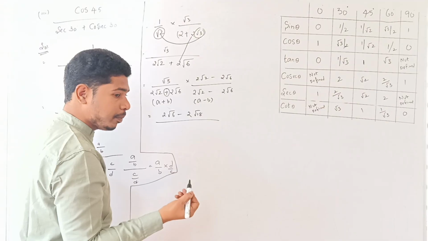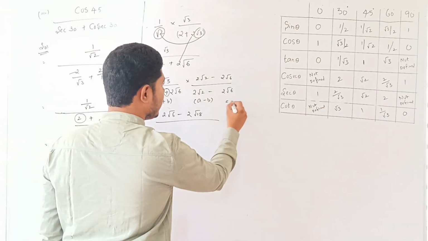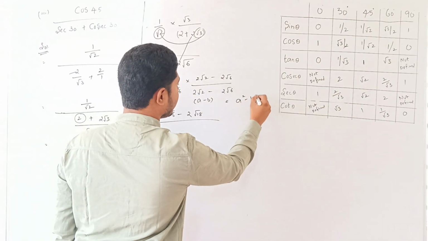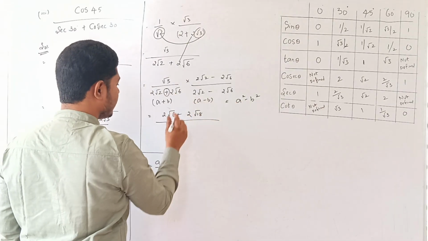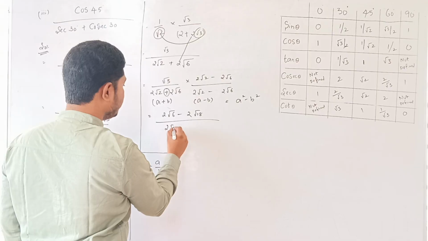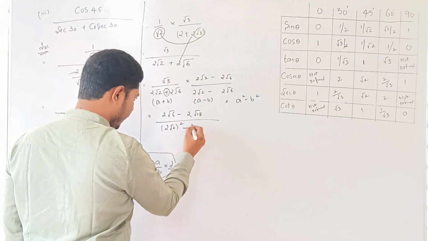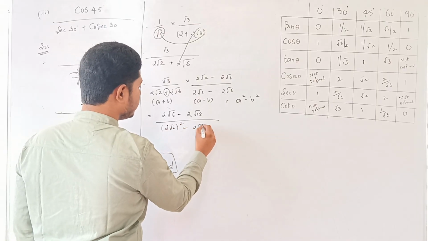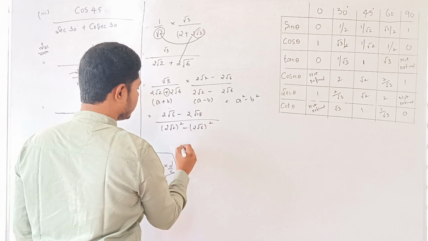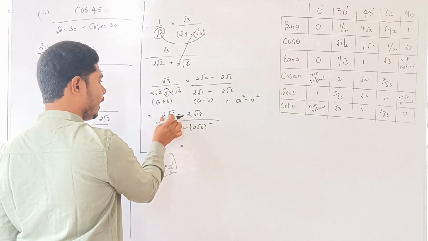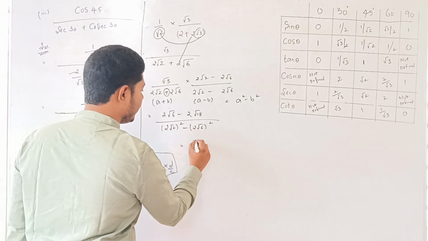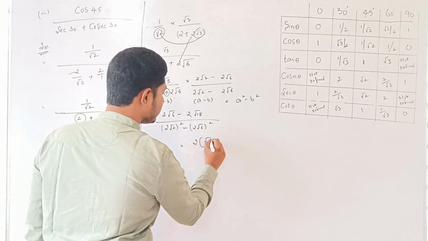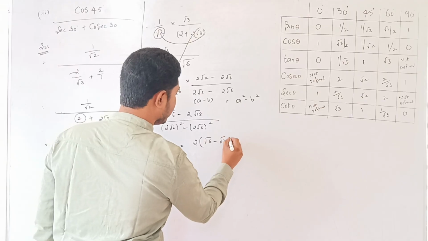The formula of a plus b into a minus b is equals to a square minus b square. This is a, this is b, that is equals to 2 root 2 whole square minus 2 root 6 whole square. I am thinking of 2 as common in the numerator. I will take 2 common, I will write root 6 minus root 8 here.